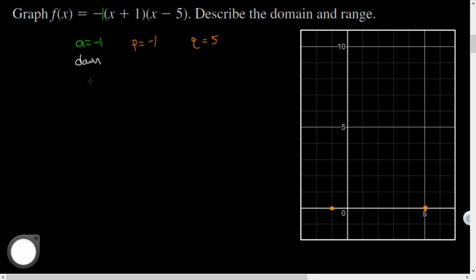So I'm expecting that it opens down. And I can find h by doing (p + q) divided by 2. h is going to equal (-1 + 5) over 2, which is 4 over 2, and that's just equal to 2. So there's my h.